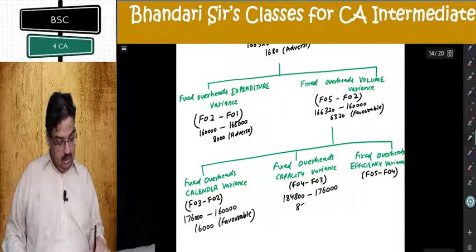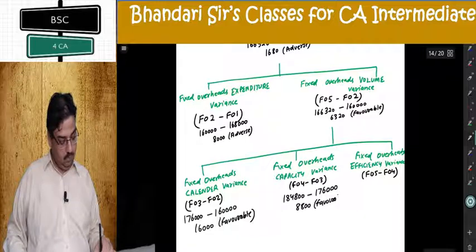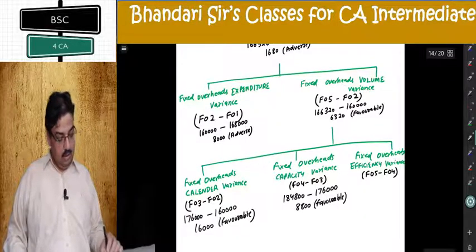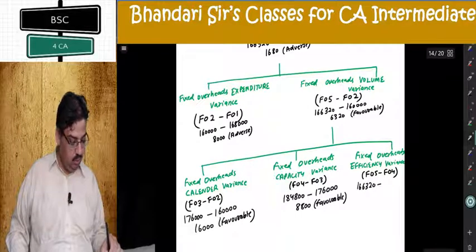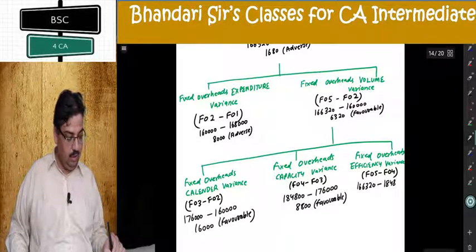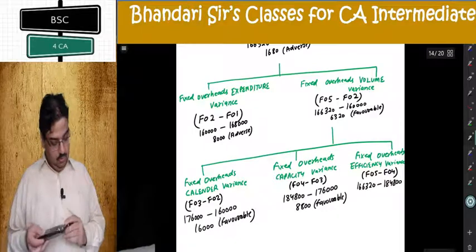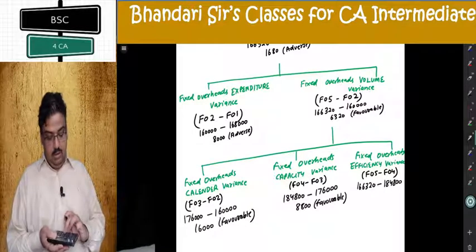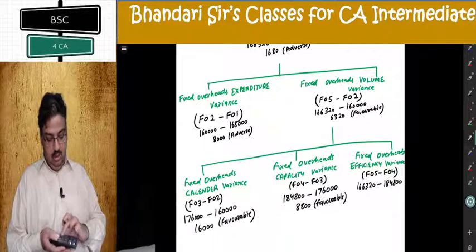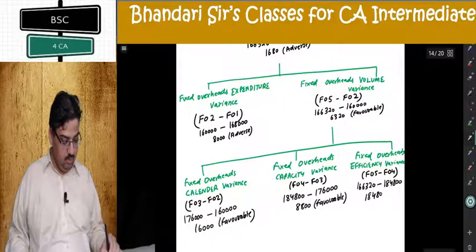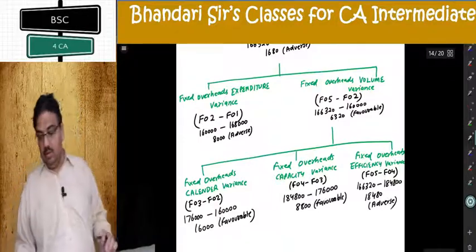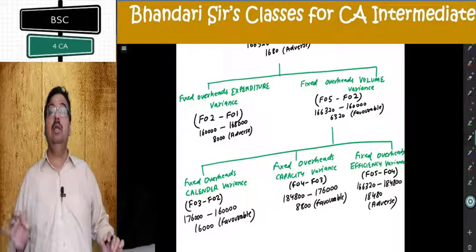This is 8,800 favorable. And lastly, FO5, 166,320 minus 184,800. I am getting 18,480 adverse. This is complete question B7.